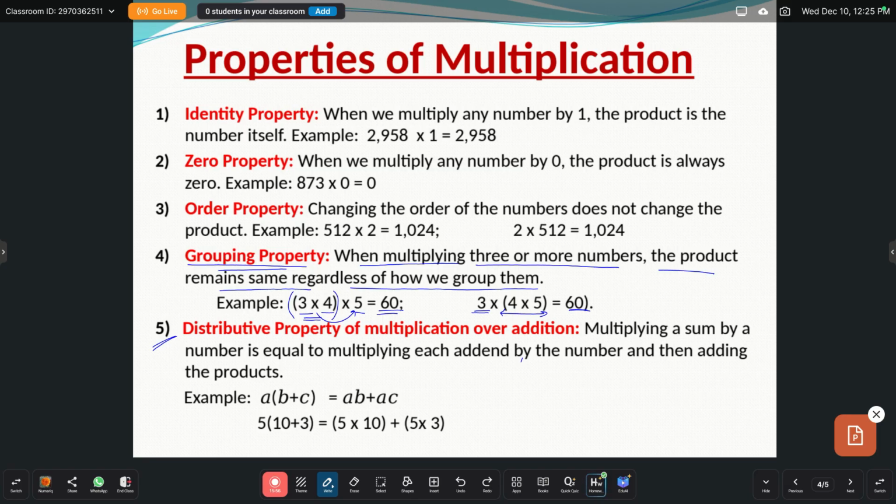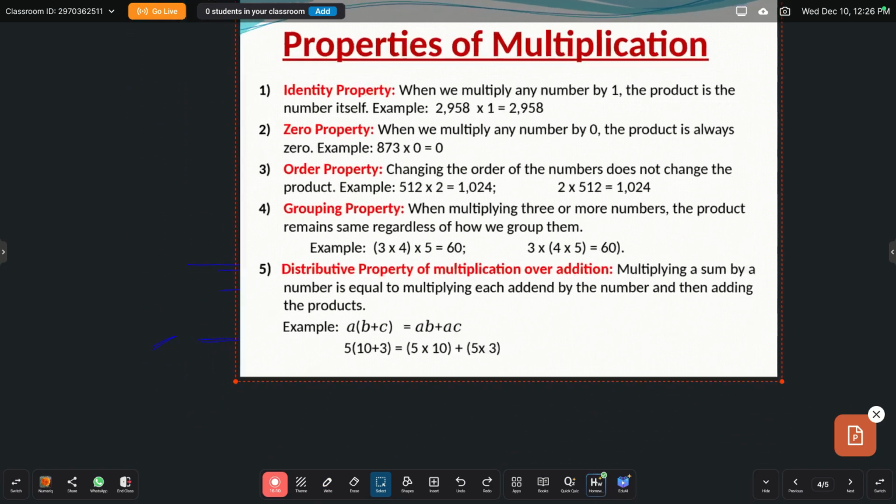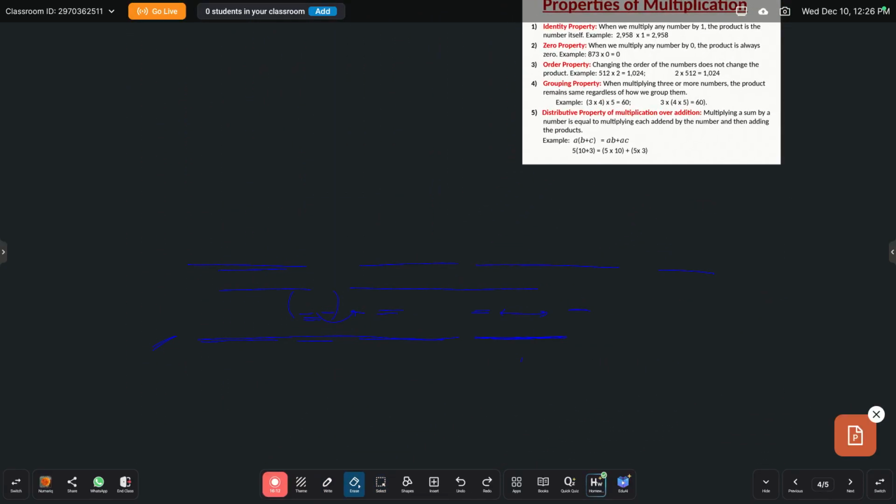This property is distributive property of multiplication over addition. What does this property say? Let me take three numbers. Okay, boys, I will take 2 as the first number, then 3 and then 4.